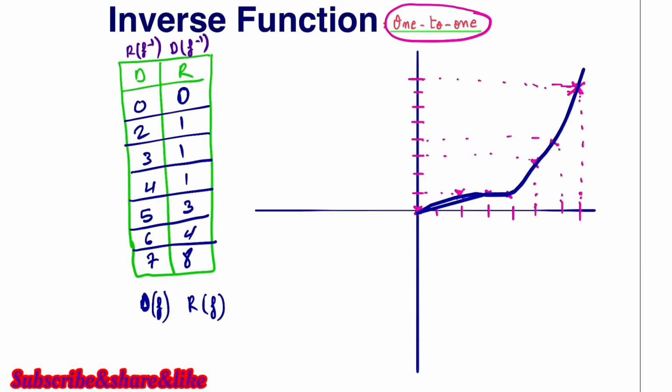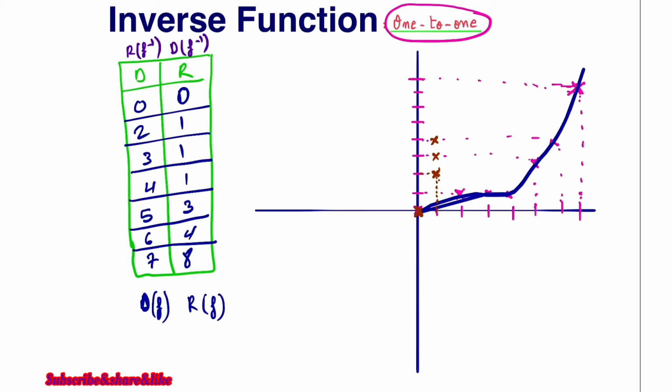Let's change to a different color. So 0 gives us 0, that's fine. And now 1 gives us 2, it will be something here. And 1 is giving us 3, and 1 is giving us 4.